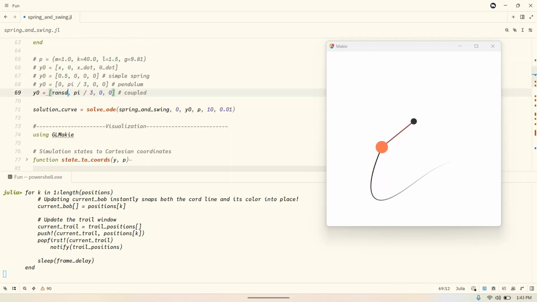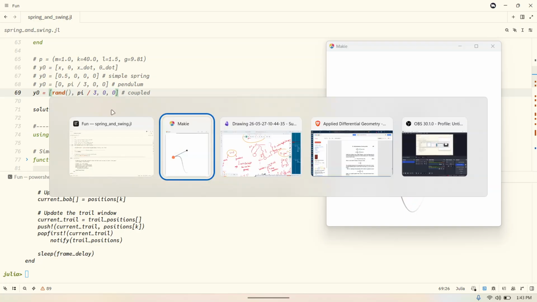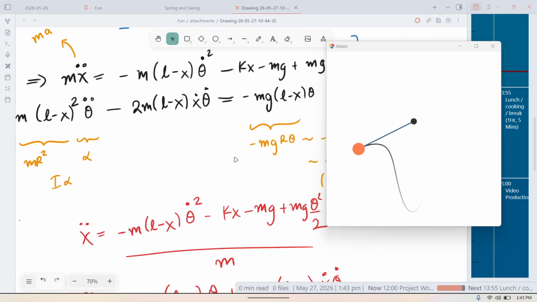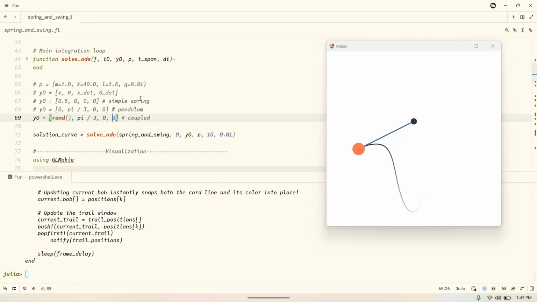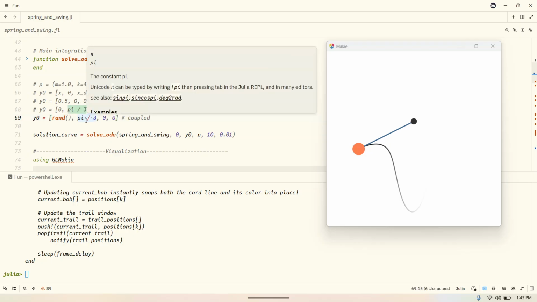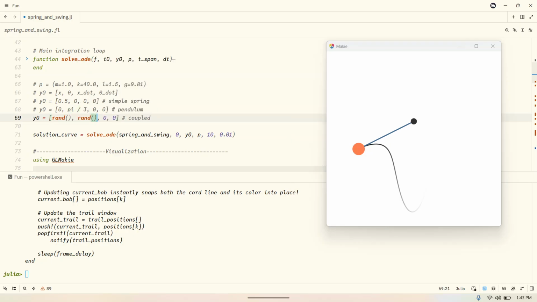Let's try some, ooh, how about some random thing? I have to make sure that, if you look at the denominator here, the denominator has an L minus x, so I want x to be greater than L, but I think rand only gives a number from 0 to 1, so it should be fine. Random, sure. This can be problematic a little bit. You know what?